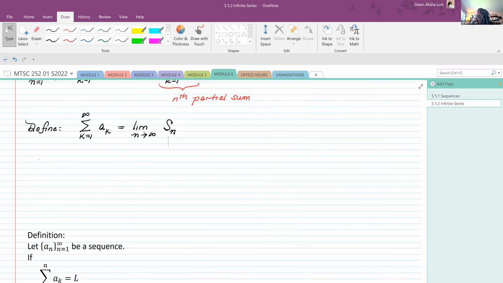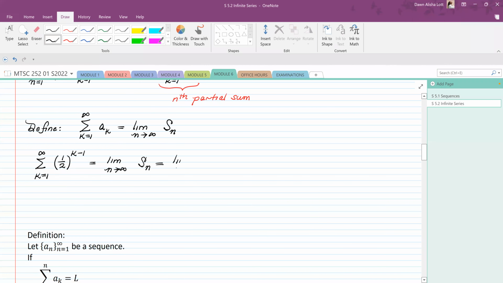All right, so we have the sum k equals 1 to infinity of 1/2 to the k minus 1 is the limit as n approaches infinity of Sn. That is the limit as n approaches infinity of the sum k equals 1 to n of 1/2 to the k minus 1.